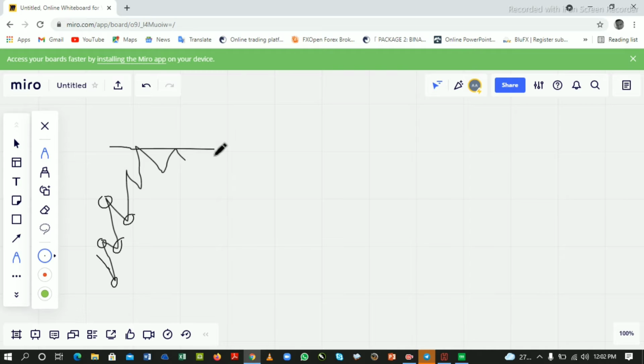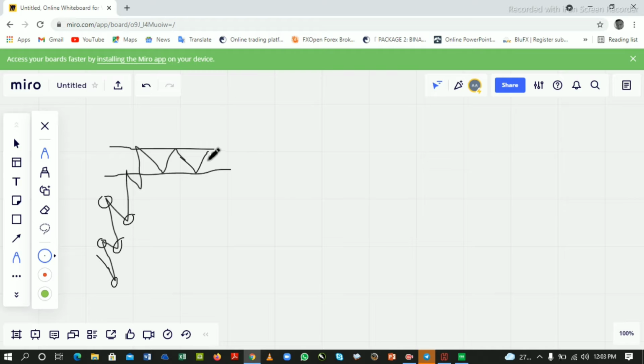Okay? Now, when it comes back and tests this level, okay, and hits here, this now becomes a confirmed support. A confirmed support. Okay, so what we are looking at now is the market changing structure.